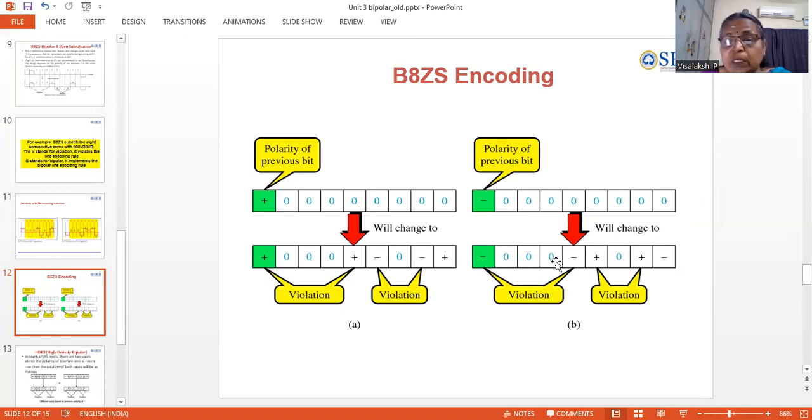And then the 3 zero bits are there, and then the negative and 0 and plus, and then the violation, and then the last one is also a violation. So this pattern is strictly followed based on the polarity of the previous bit.